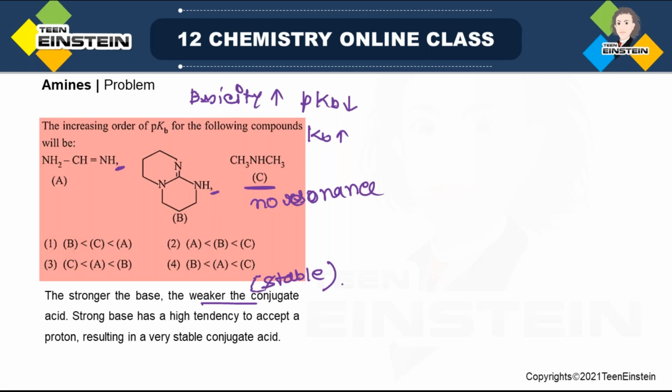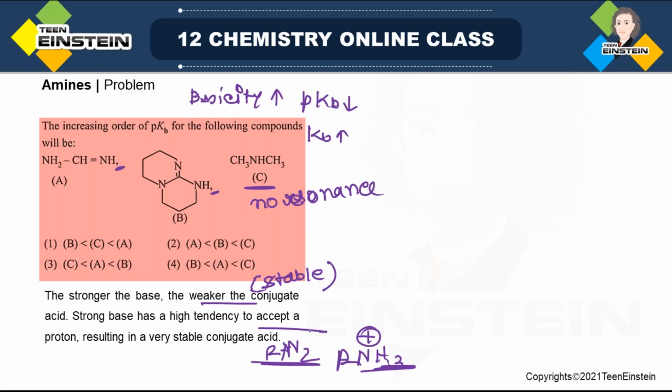So when I'm saying weaker, it basically means stable. A stable conjugate acid means a stronger base. So if you have any base RNH2, the conjugate acid is RNH3 plus. If the conjugate acid is very stable, that means this base is very reactive. Strong is related to reactive. Weaker means stable, less reactive.